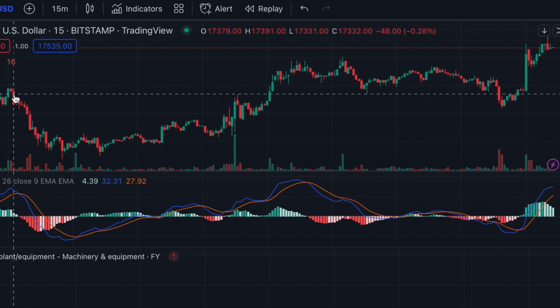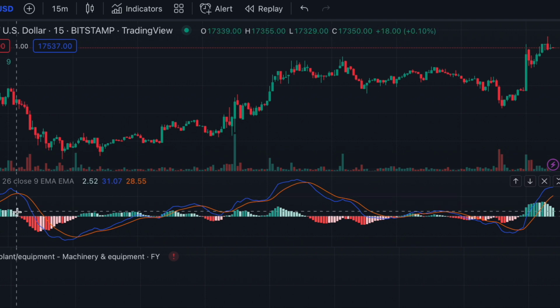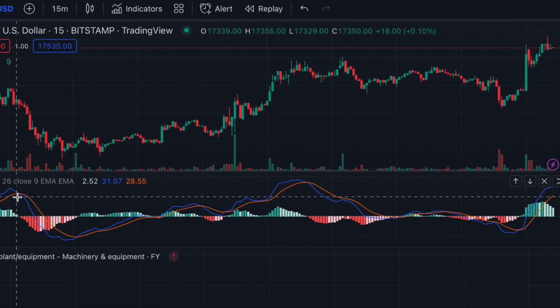When the MACD line, which is blue, crosses below the orange signal line, which is right here, and it's above the zero line on the histogram, which we are, this indicates that the trend is in a bull cycle, which indicates a downward trend.